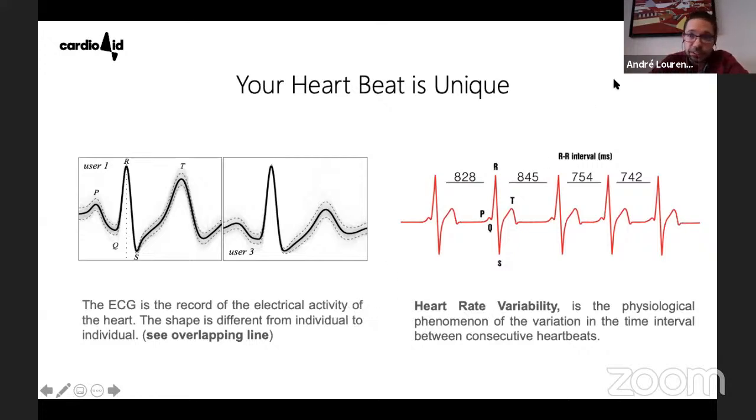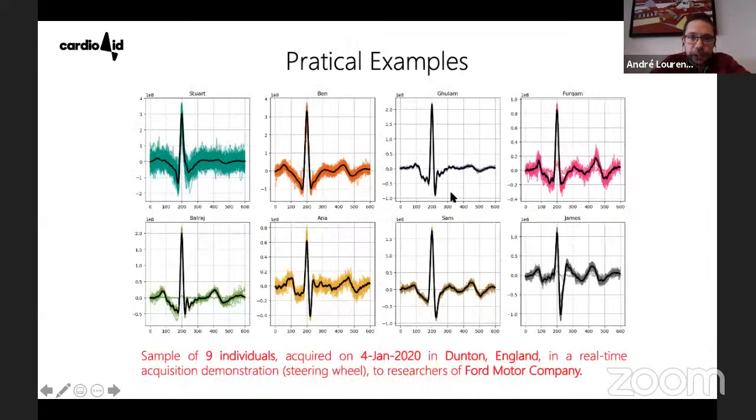And this signal is very interesting because it also carries information about the sympathetic part of our autonomic system, so we can also analyze several psychophysiological states such as drowsiness and stress, and the rhythm is also very important and can be analyzed over time. Here are some practical examples to show you that this is something that we not only acquire in the lab, but also in the real world.